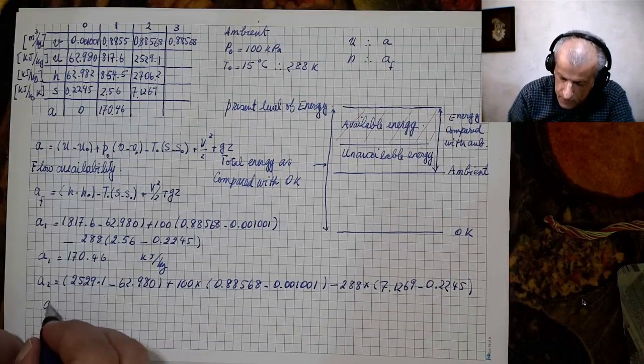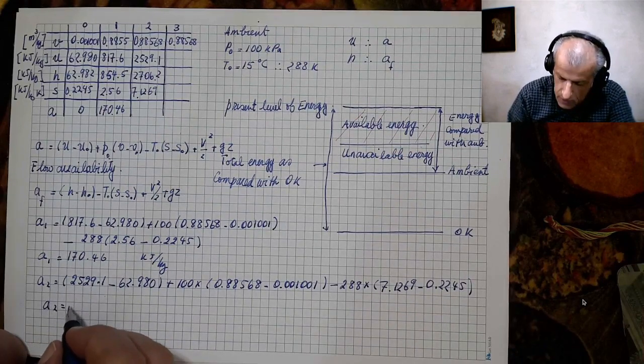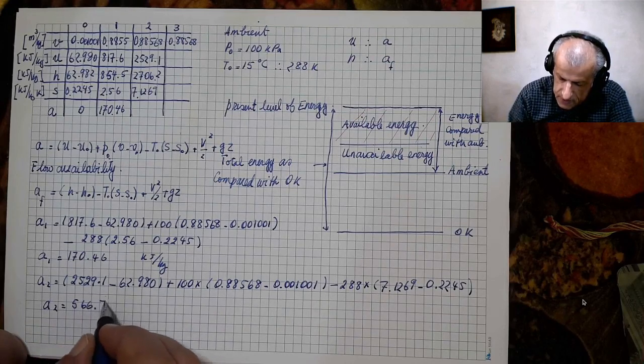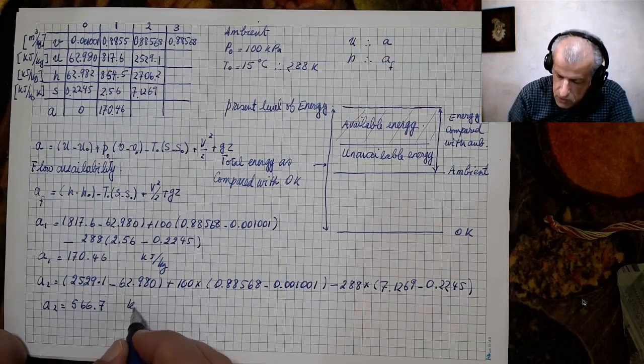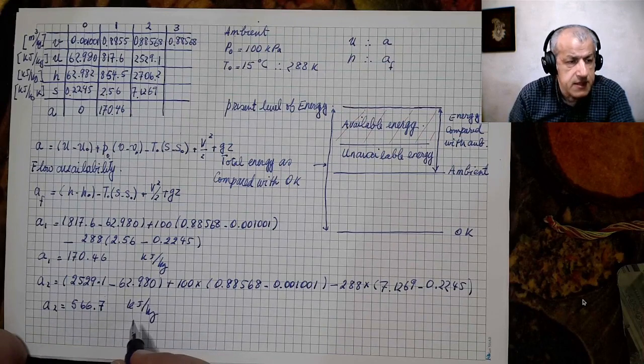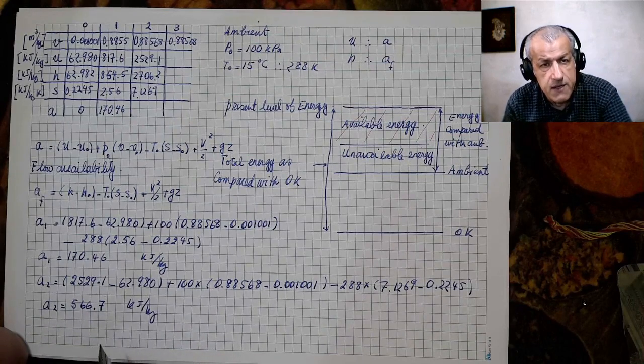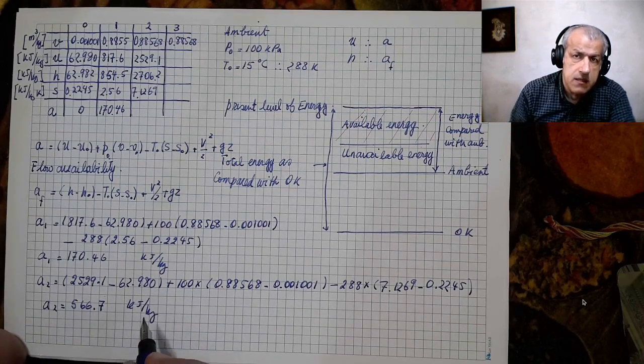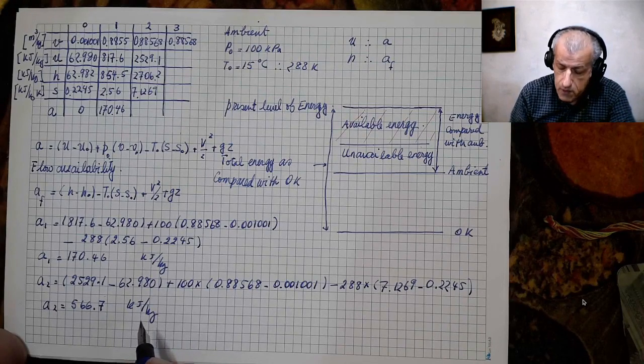And the outcome for A2 would be 566.7 kilojoules per kilogram. It's expected that availability would increase since we are heating the water inside our cylinder.